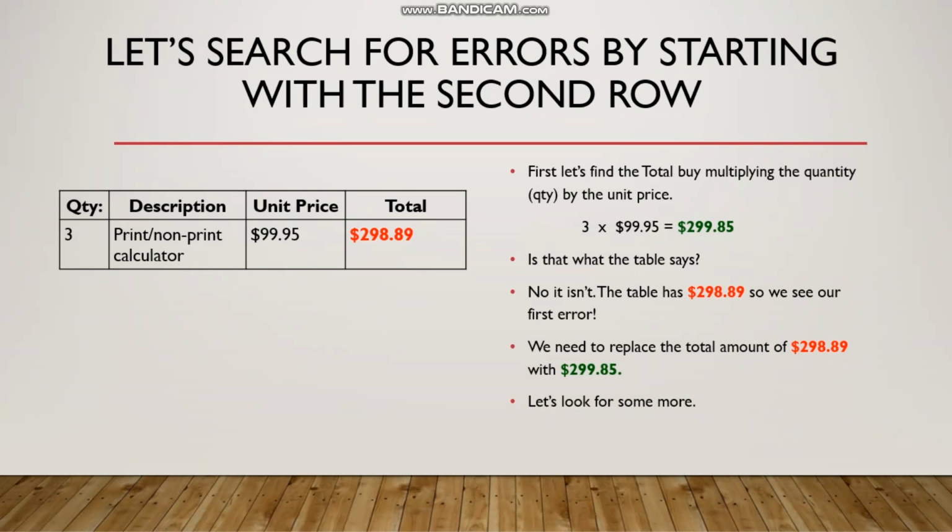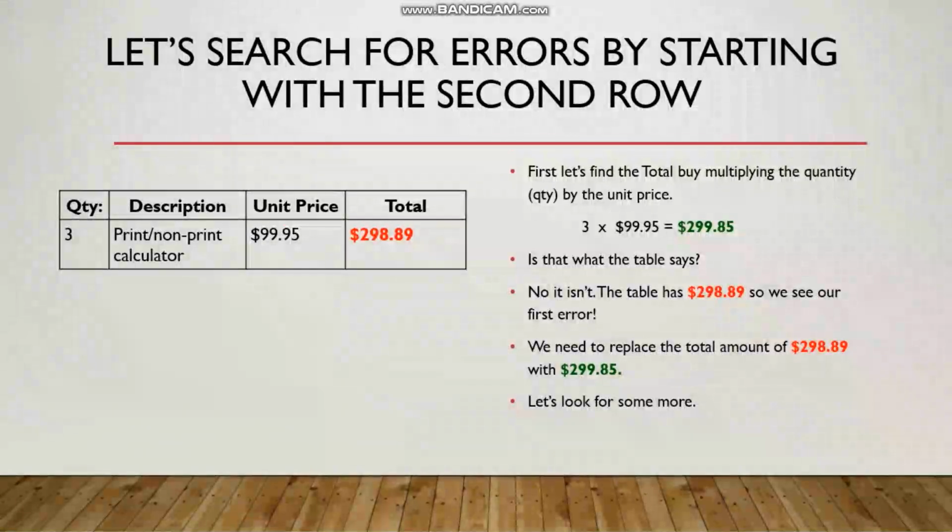The actual total of these three calculators is not $298.89, but it's actually $299.85. The table doesn't say that. So we found our first error. And we're going to need to replace the amount of $298.89 with $299.85.